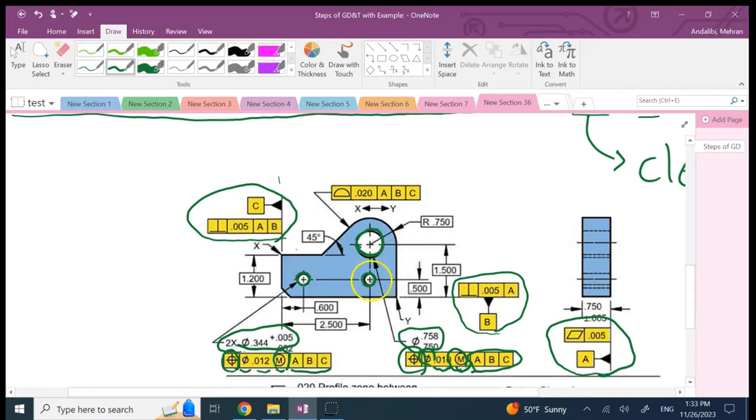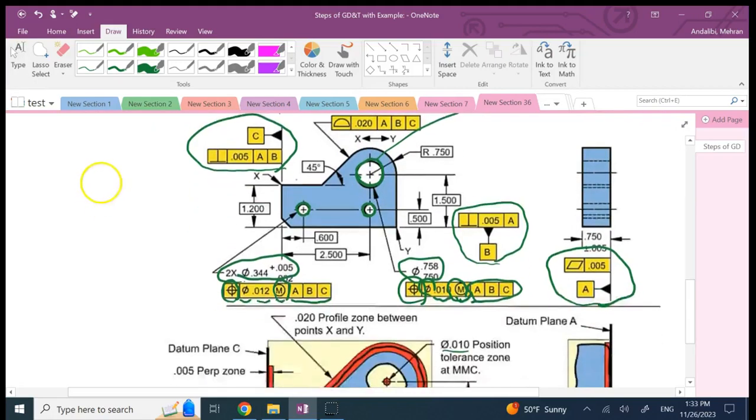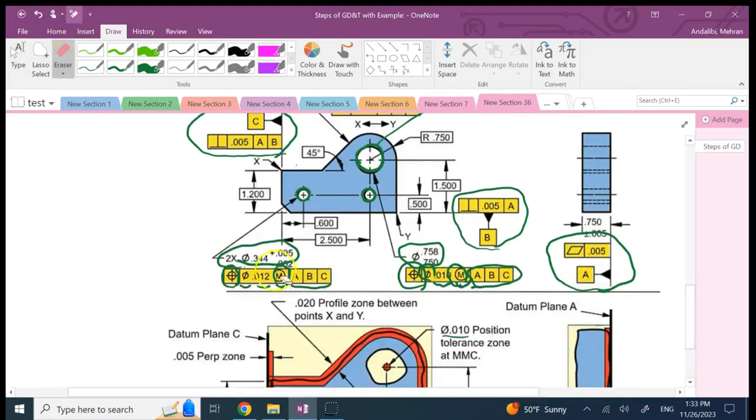Okay, if they were not clearance holes, if there was a bushing here or there was a press fit or something, then we do not use MMC. So please pay attention. If these holes were not clearance holes, we will not use MMC, because we do not want to allow basically for any bonus tolerance.